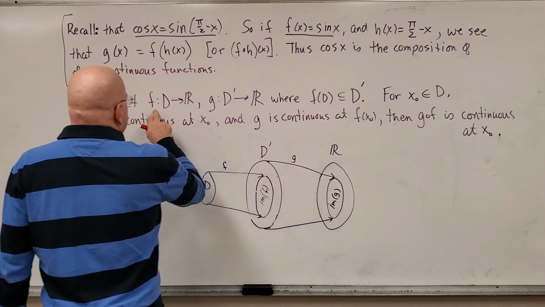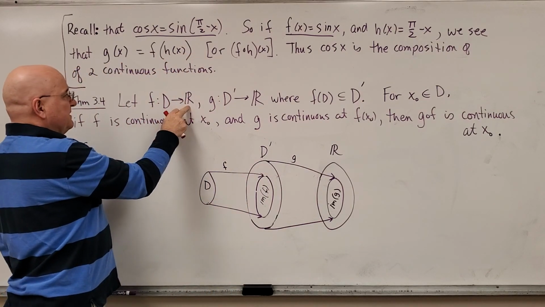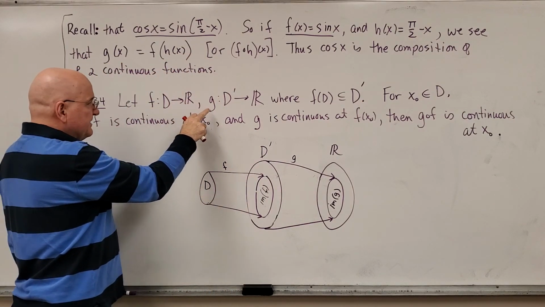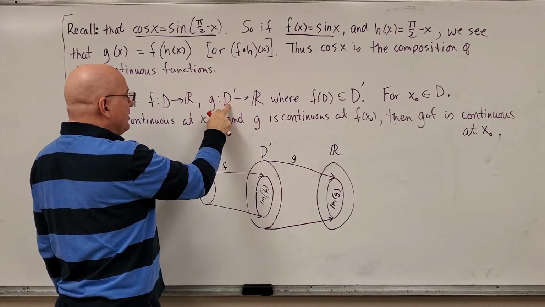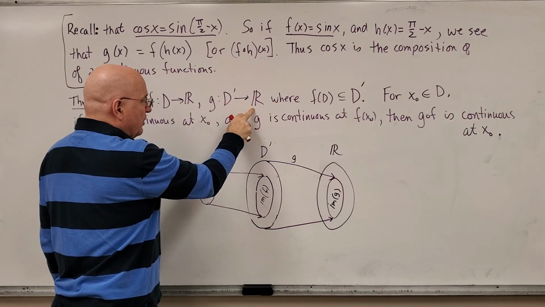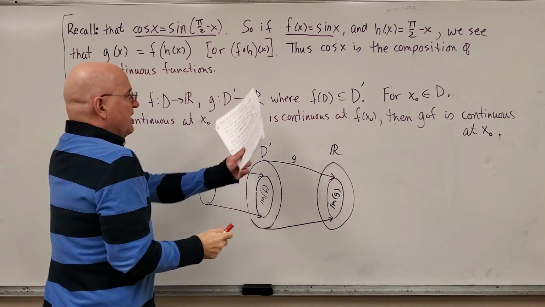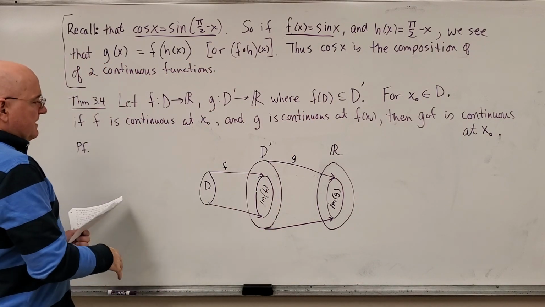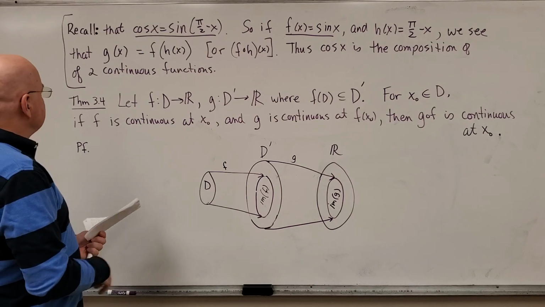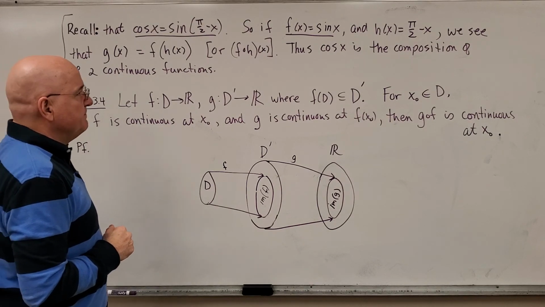Let f be a function from the domain capital D into R. Let g be a function from D prime into R, where f of D is a subset of D prime. I've kind of got that sketched out. Let's go ahead and finish the statement of the theorem.